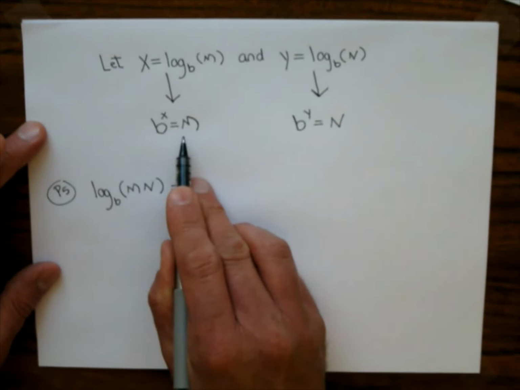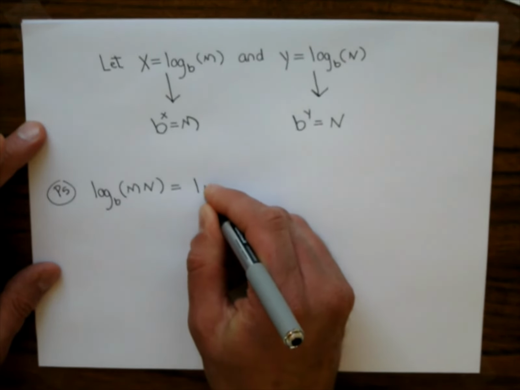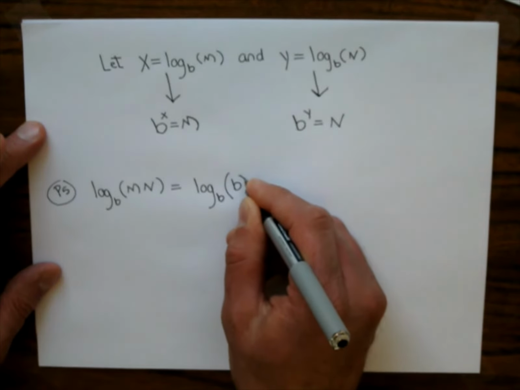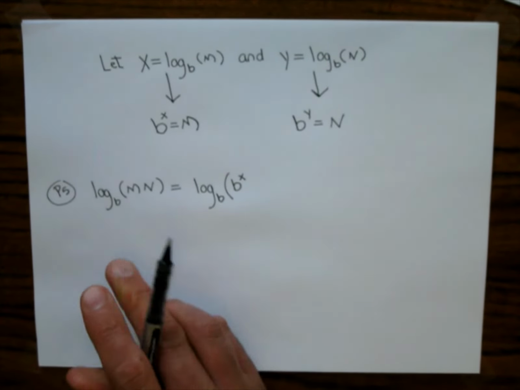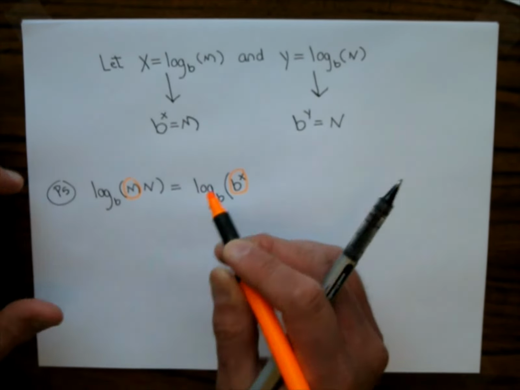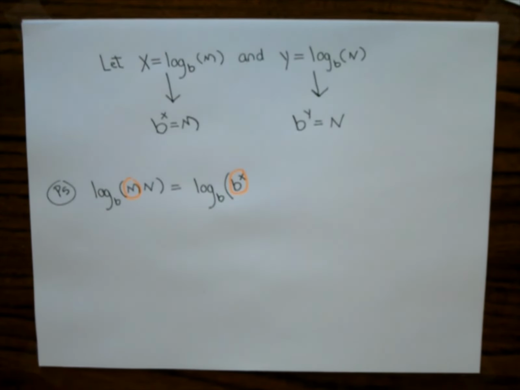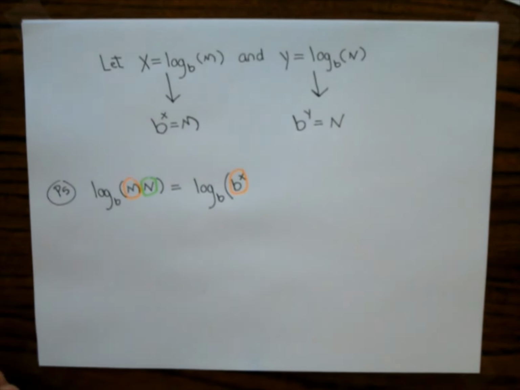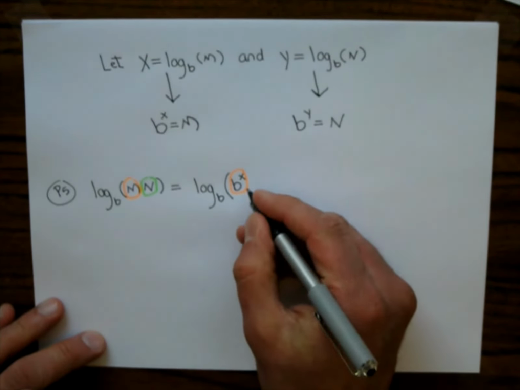So m is actually b to the x. Okay, we made that replacement. What can we replace n with? N can get replaced with b to the y.